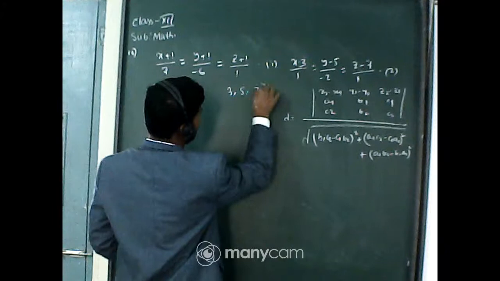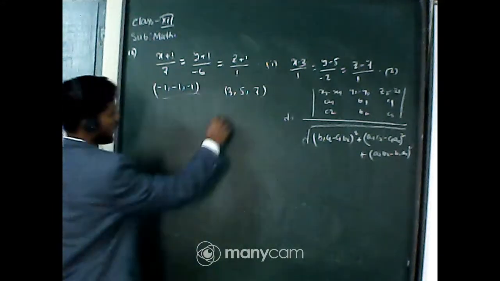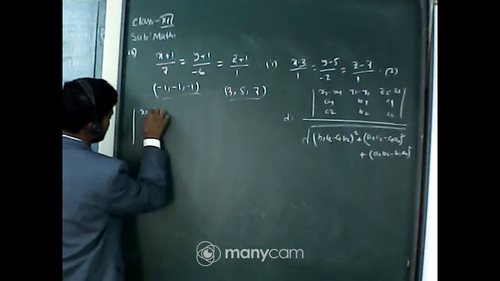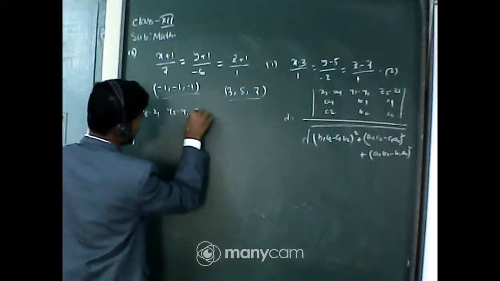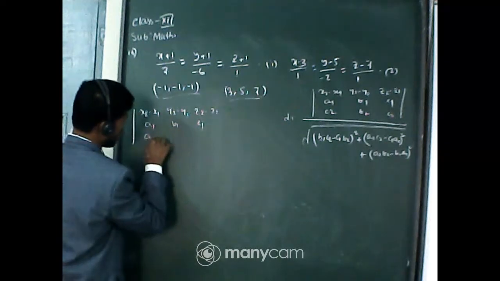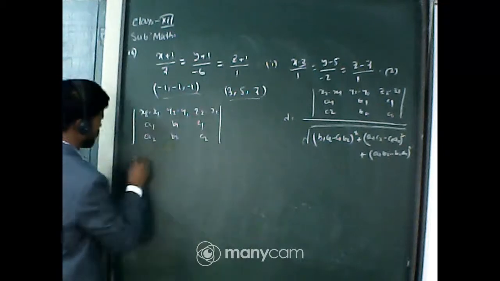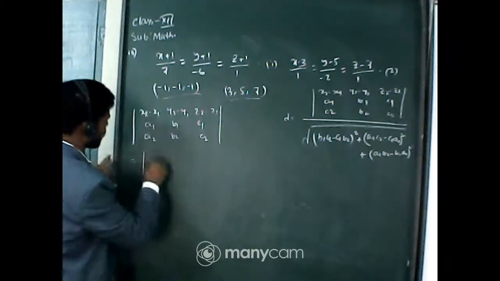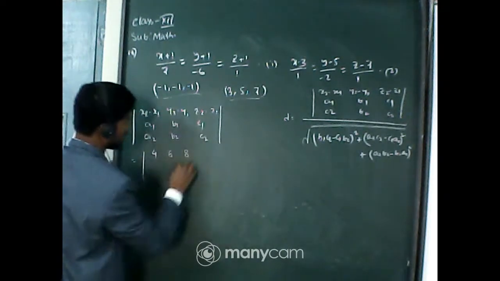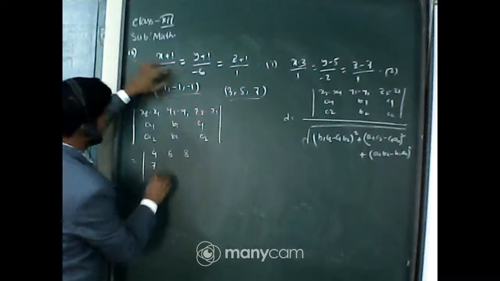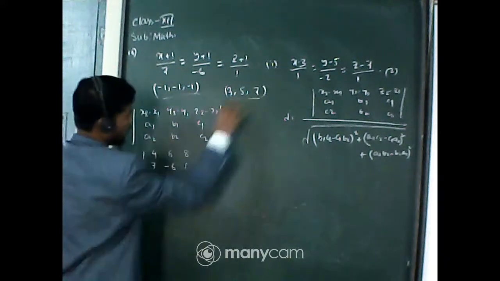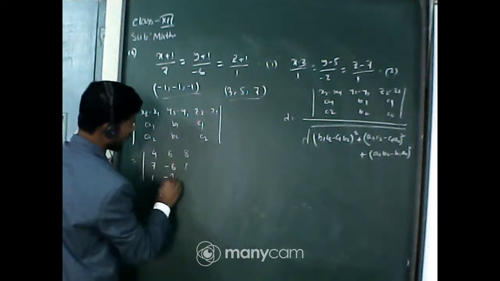So x2 - x1 is 3 - (-1) = 4, y2 - y1 is 5 - (-1) = 6, z2 - z1 is 7 - (-1) = 8. Then a1, b1, c1 are 7, -6, 1, and a2 is 1, b2 is -2, and c2 is again 1.